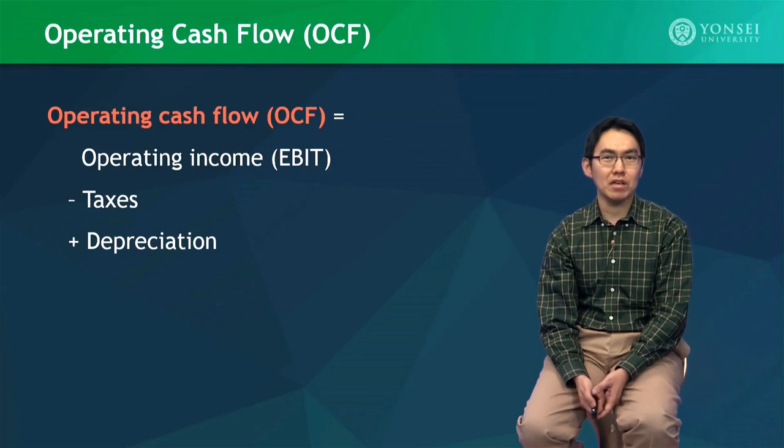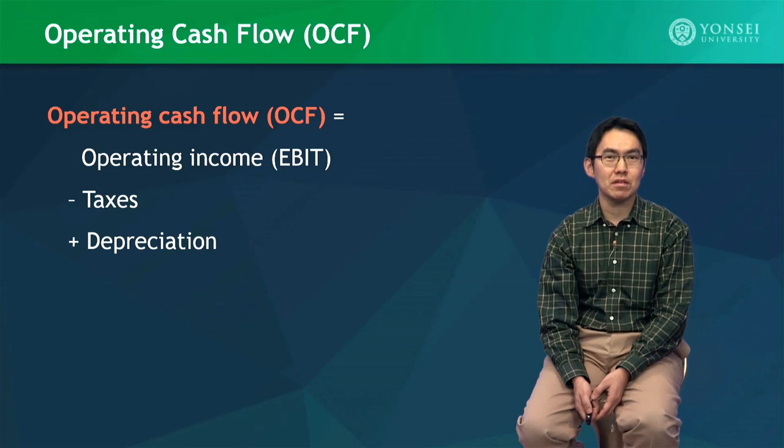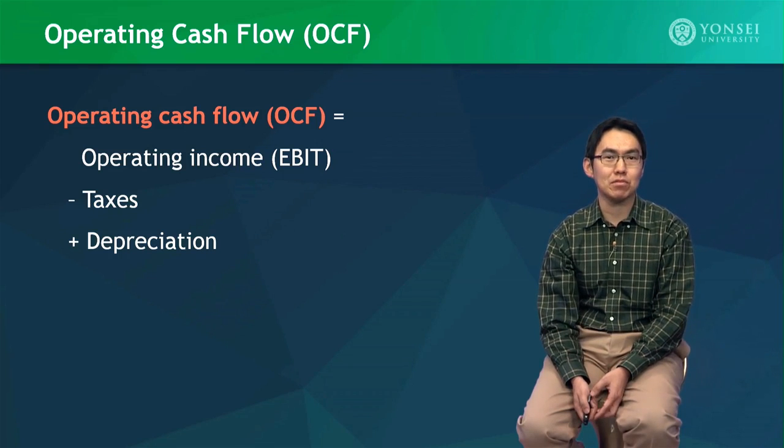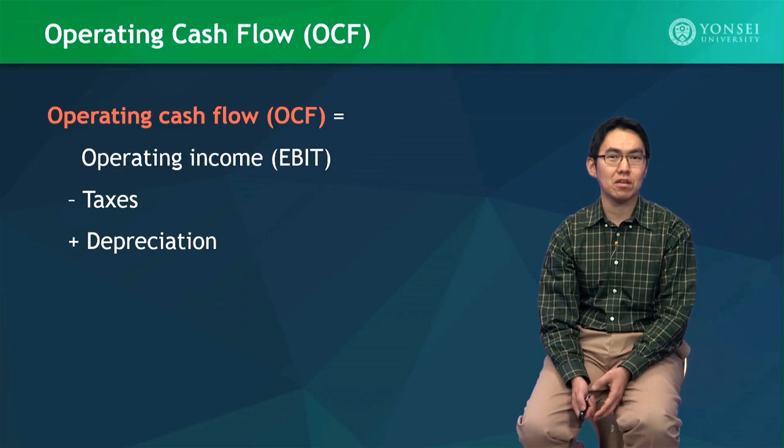First, the operating cash flow, or OCF, is calculated as operating income minus taxes plus depreciation. This is why we had to construct the pro forma income statement first. By subtracting taxes and by adding back depreciation, we are converting operating income into operating cash flow.